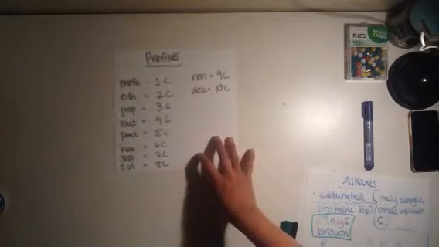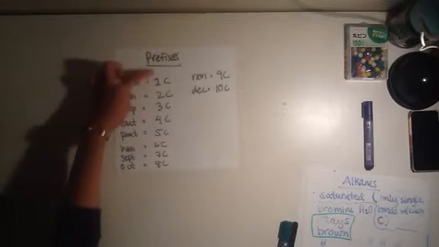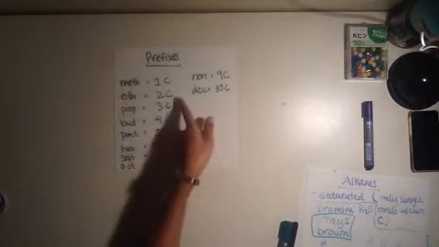Now, just to remember the names for alkanes and alkenes, the name always depends on the number of carbons. So for methane, for example, meth means it contains 1 carbon. Eth means it contains 2 carbons.